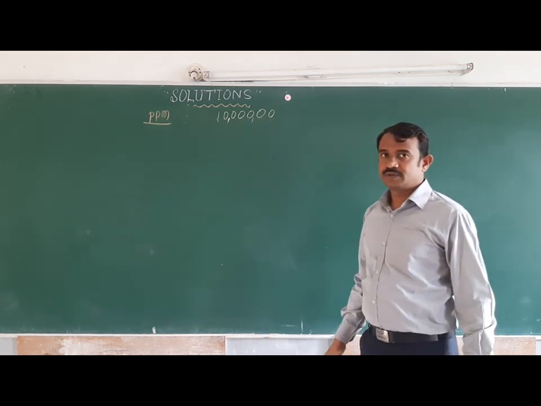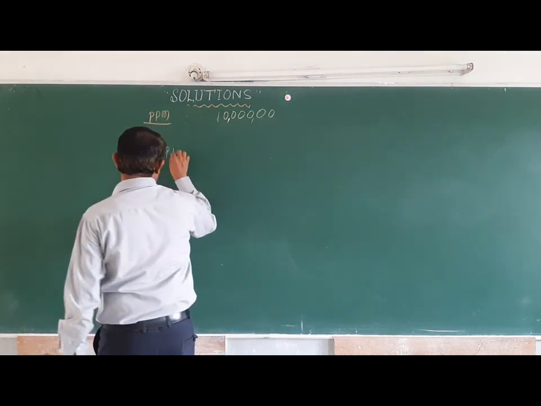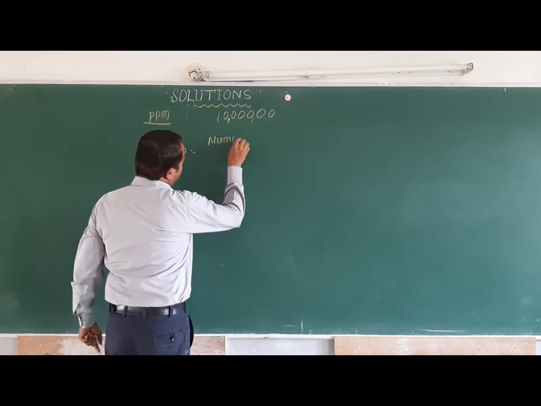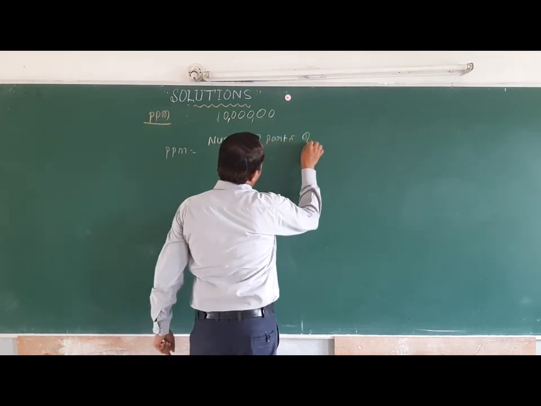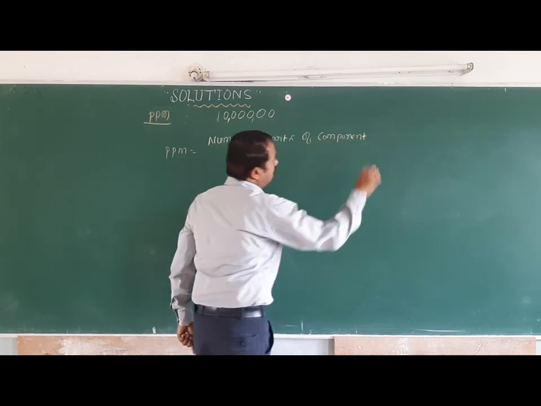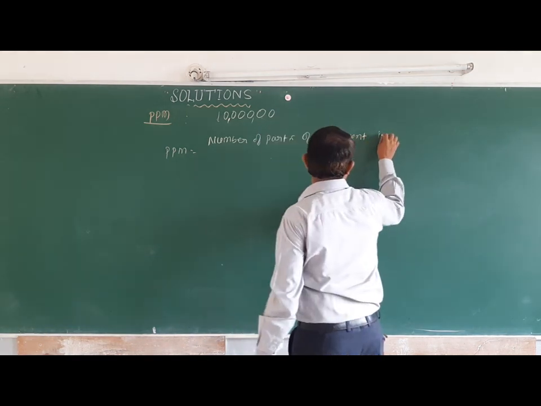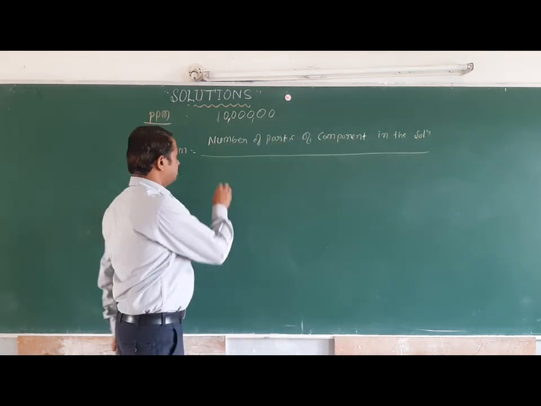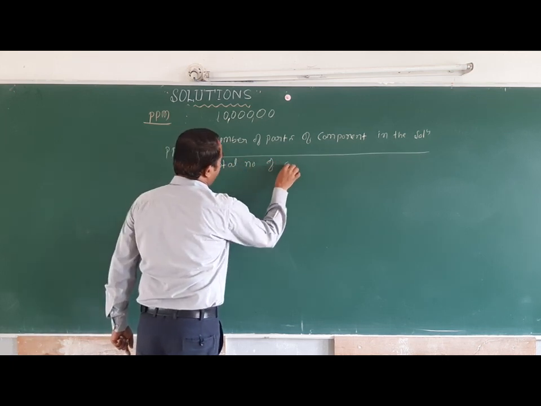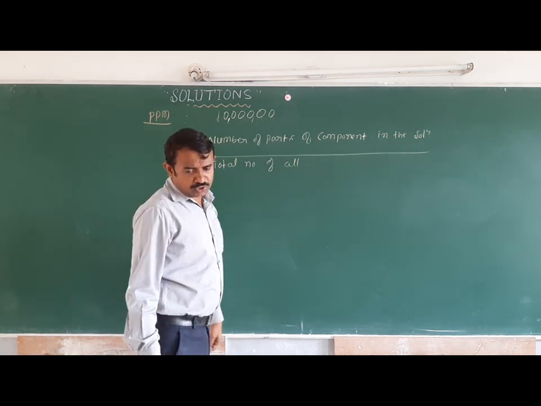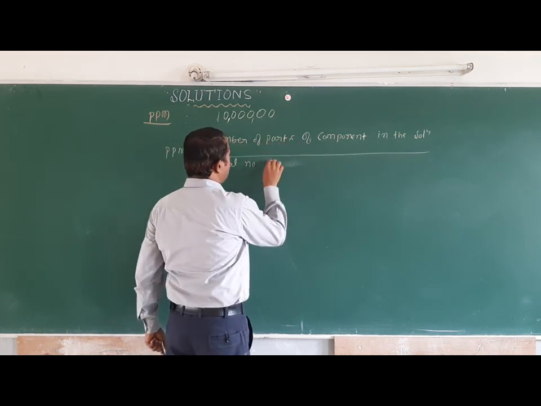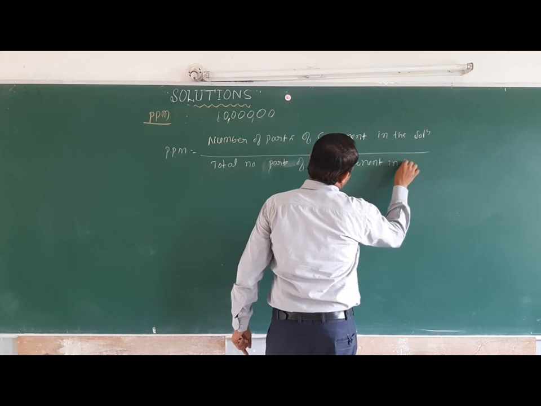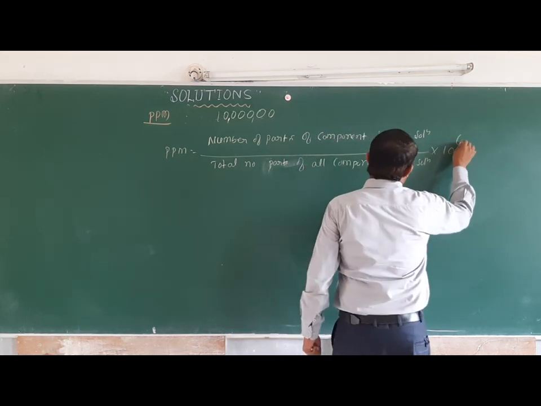The definition of parts per million: ppm equals the number of parts of the component in the solution divided by the total number of parts of all components in the solution, into 10 to the power of 6.